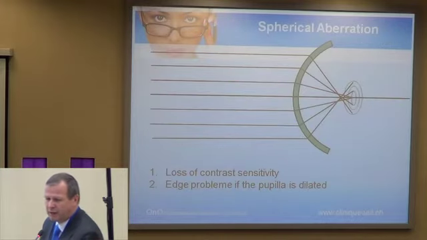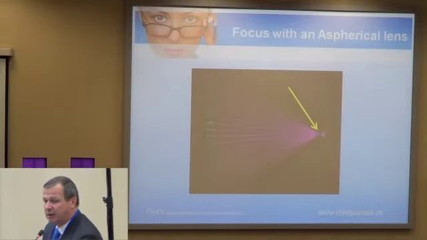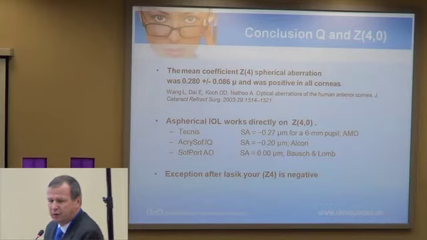When you have a spherical aberration, you have loss of contrast sensitivity, and you have edge problems in the pupil if it's dilated. That's typically an aspherical lens, and you see the very sharp focus you have. You have to know also that the mean coefficient of Z4 is 0.28 plus or minus 0.086.